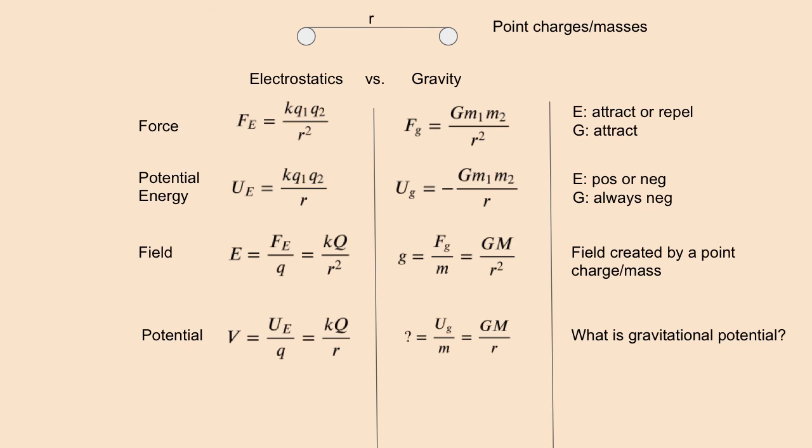So there we have electric potential, that's our kQ over r, and so you might be asking yourself, what is gravitational potential? The idea behind it is, of course, that it's the potential energy per mass, but maybe it's not so obvious what you should be thinking about conceptually. And so that's what I want to do right now.